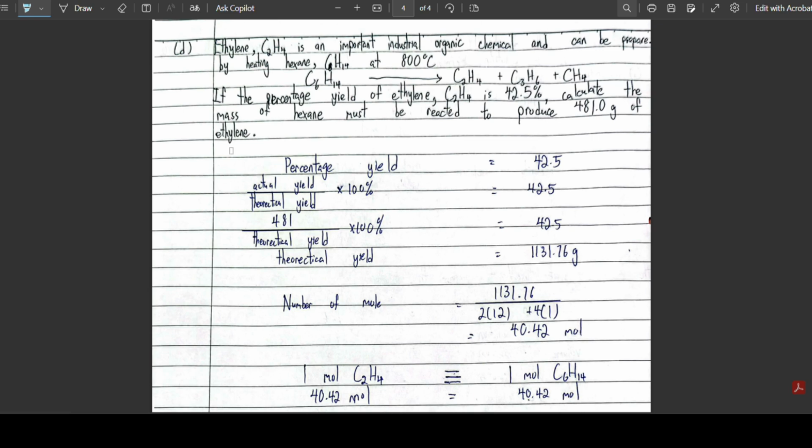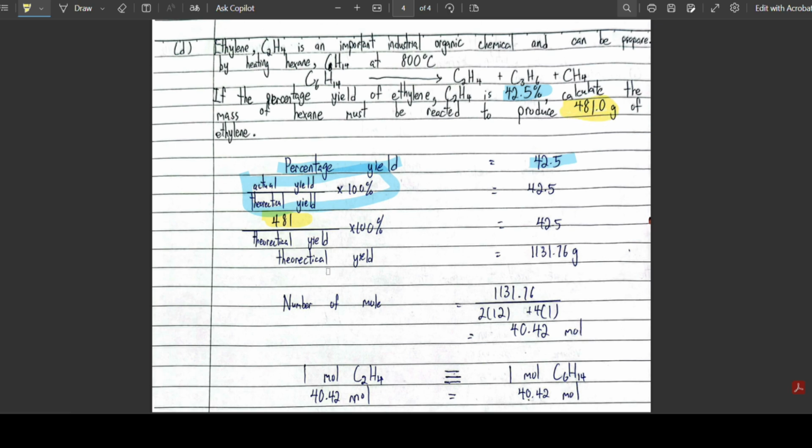So, as we know, the percentage yield has been given, which is 42.5%. And then we will write out the formula for this percentage yield, which is actual yield divided by theoretical yield, and then times 100%. So we know the actual yield, the value has been given, which is 481 gram.